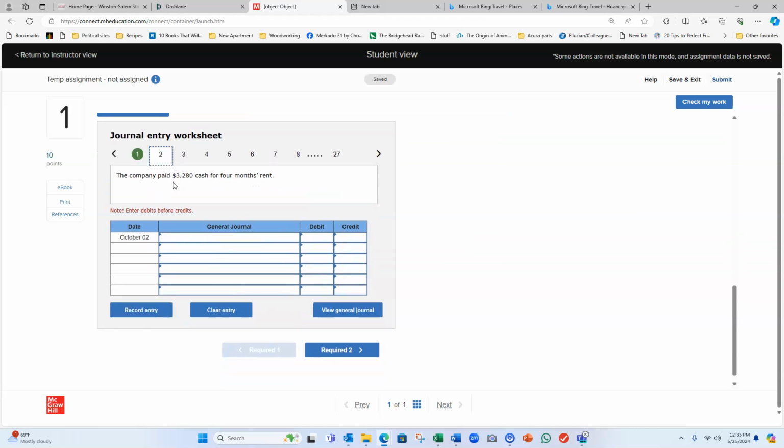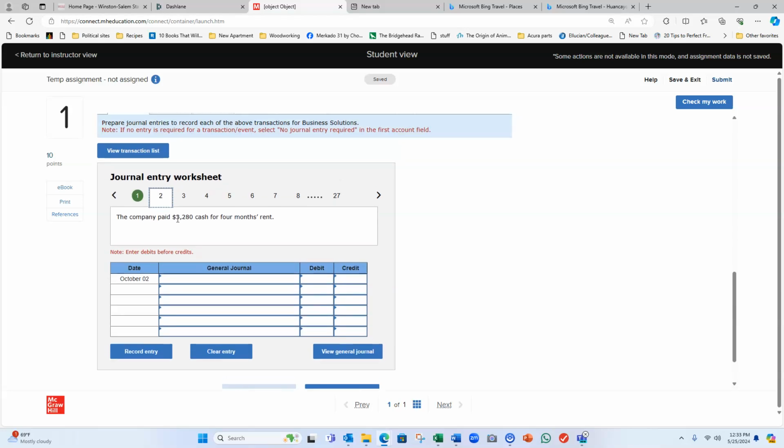Let's see. We paid $3,280 for 4 months rent. So since we're paying for this in advance, we're not actually incurring the rent expense right now. The expense will be incurred as we occupy those spaces. So we're going to use prepaid rent, an asset with a value of $3,280.